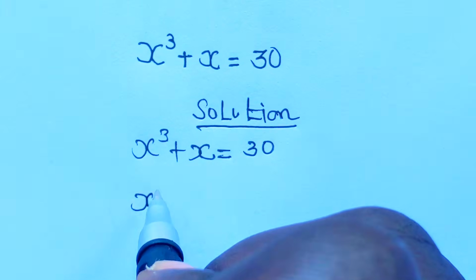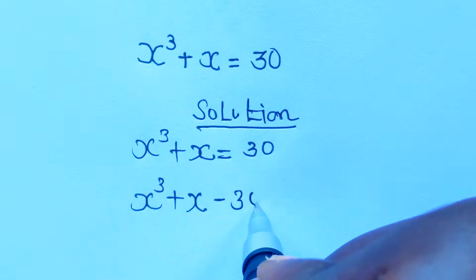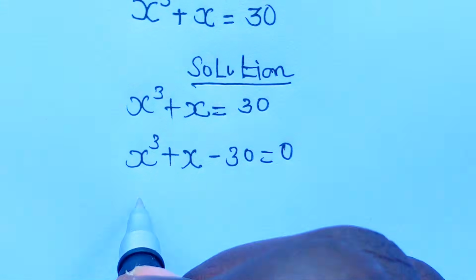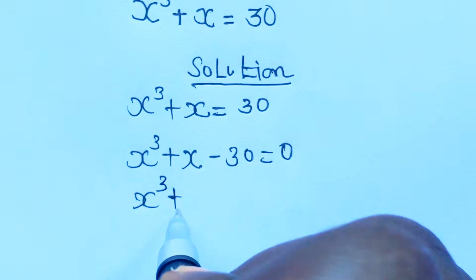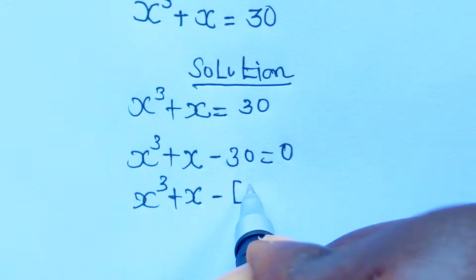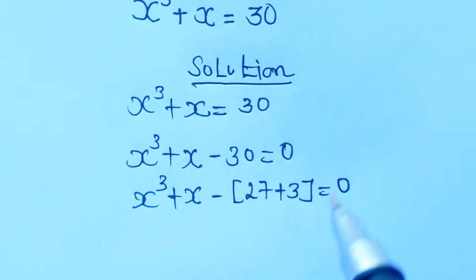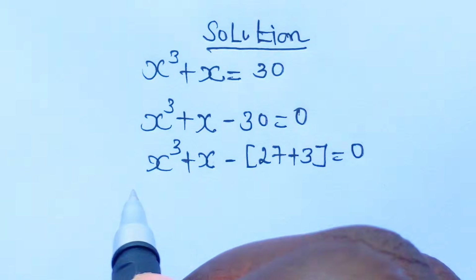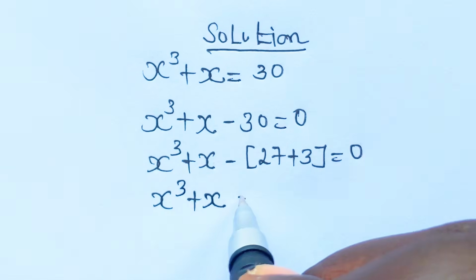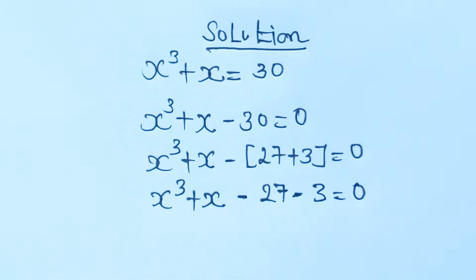We have x power 3 plus x minus 30 equals 0, and this 30 can be written as 27 plus 3. So x power 3 plus x, then negative 27, negative 3, equals 0.